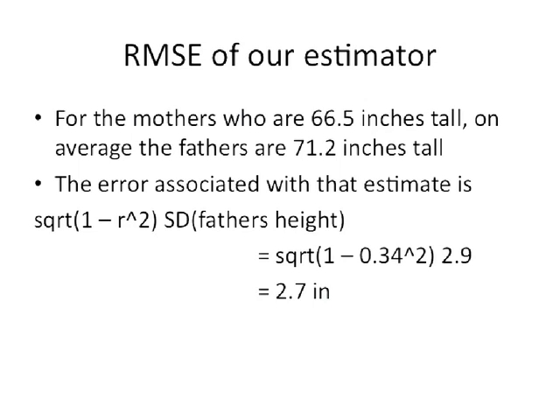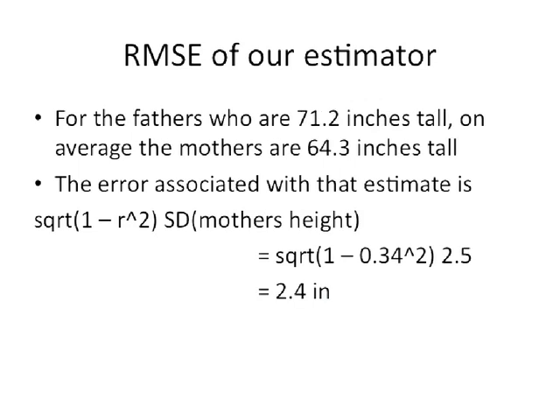On the other hand, if we look at it the other way around, for the fathers who are 71.2 inches tall, we said on average the mothers are 64.3 inches tall. And what is the error associated with that? What's the spread? How far away might we see a mother from that 64.3?